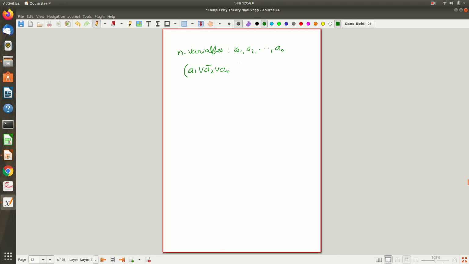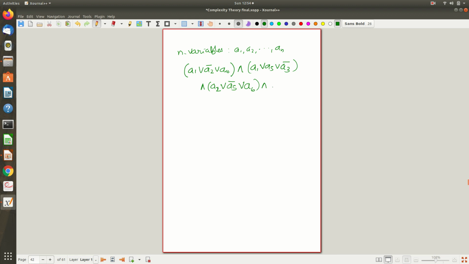I'm randomly picking the variables, and a conjunction of clauses, right? And a1, a5, or a3 complement, something randomly I'm picking, and a1, you can take a2 then, or a5, or a6, maybe here and there, so like that.